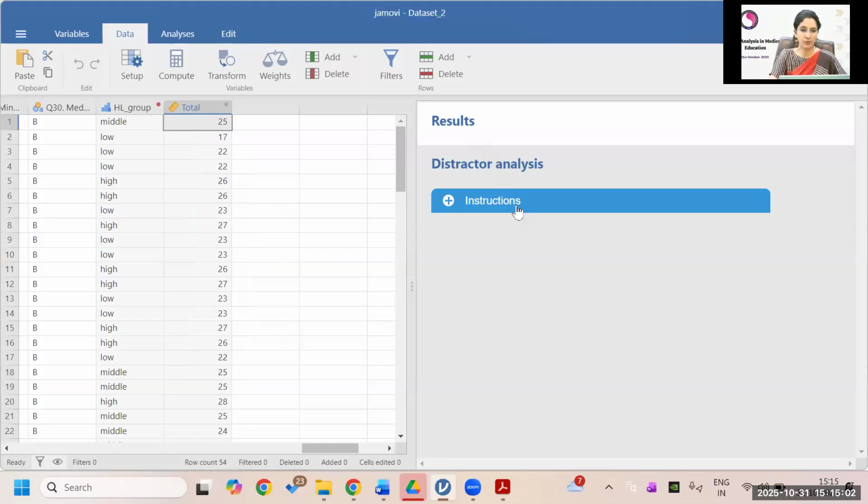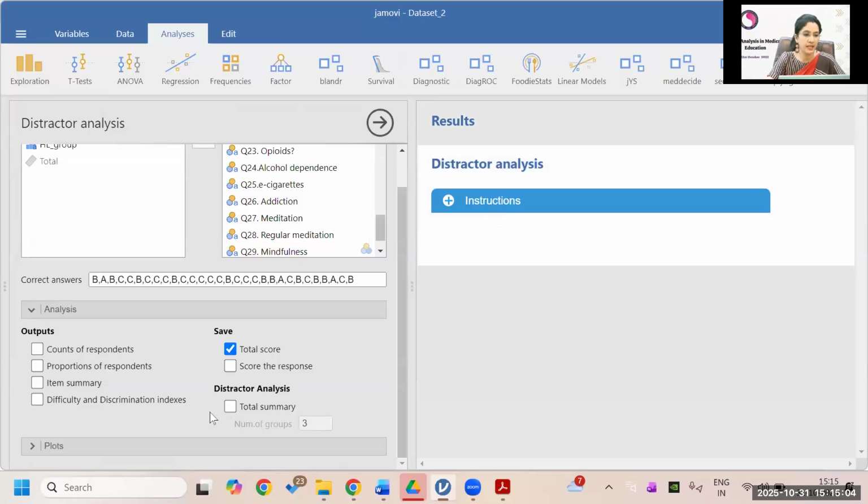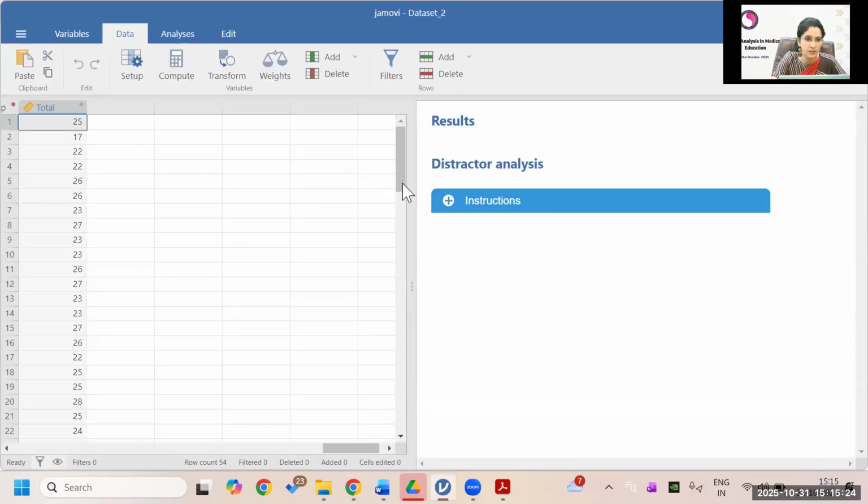Now I'll again go to this and there are many options here, but go one by one. Why? Because if you click everything together, it will be difficult for you to understand. So please go slow and go one by one. First you see the total score, and by this you can have a look at the overall score.